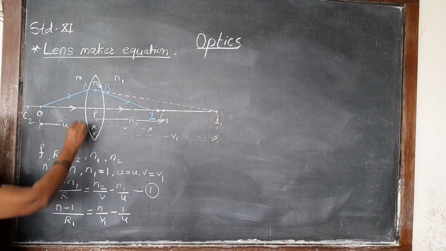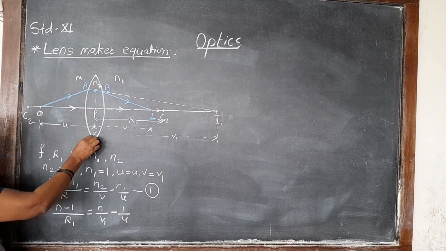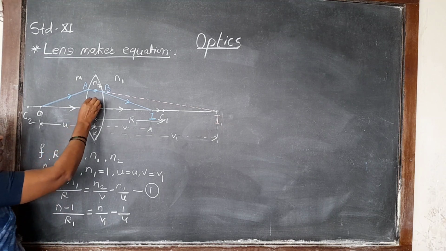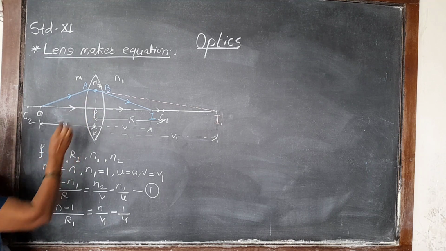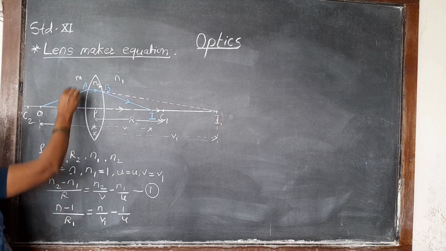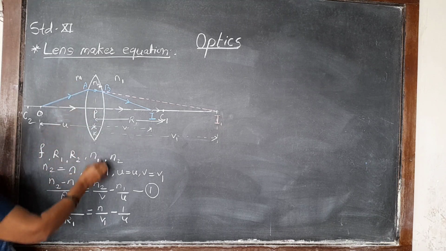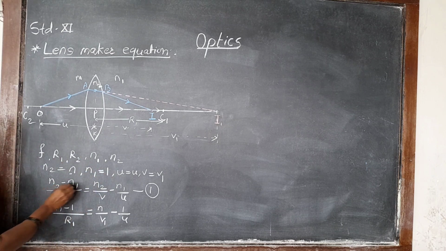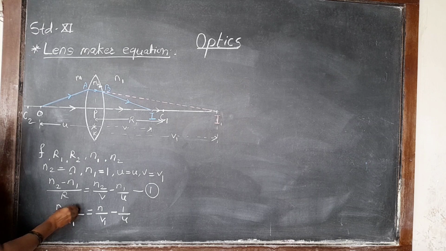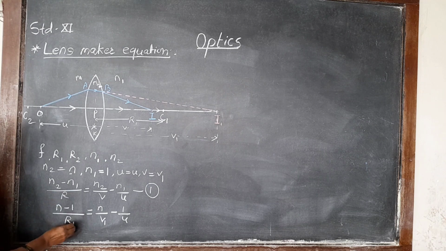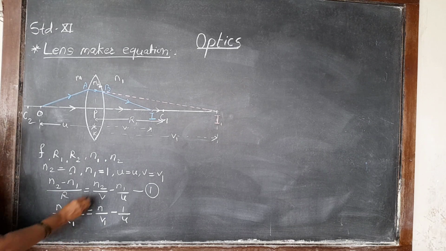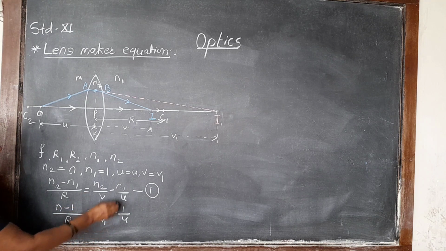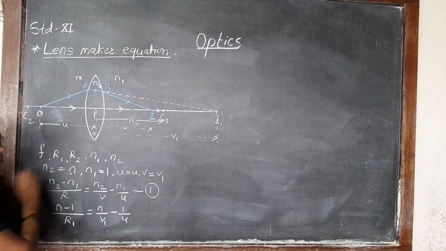N2 means the medium in which the ray travels after refraction, that is the refractive material lens. So the lens material has refractive index N and outside material is air, so its refractive index is 1. So N1 is equal to 1. So N2 minus N1 is N minus 1 upon R1, the radius of curvature for the first spherical surface. N2 is N, image distance is V1, minus N1 is 1 and U is U.